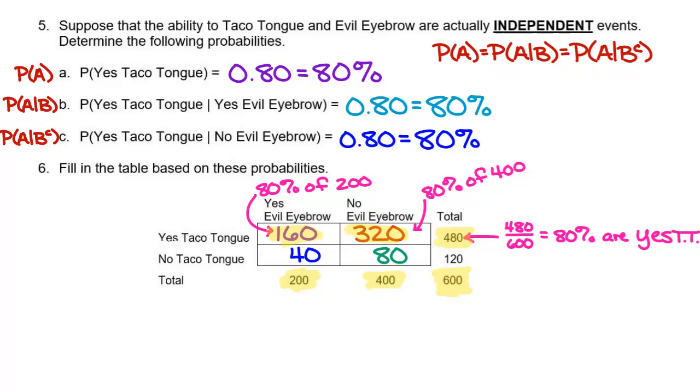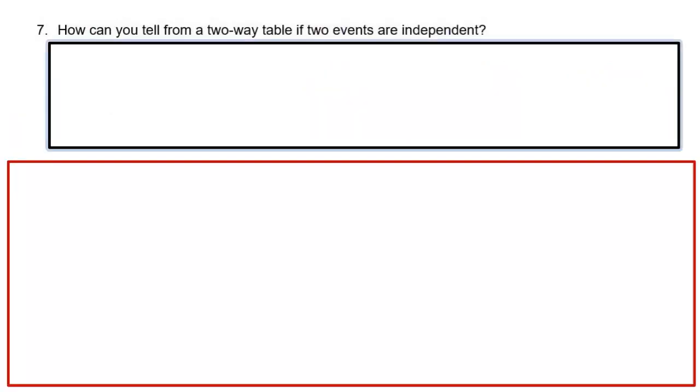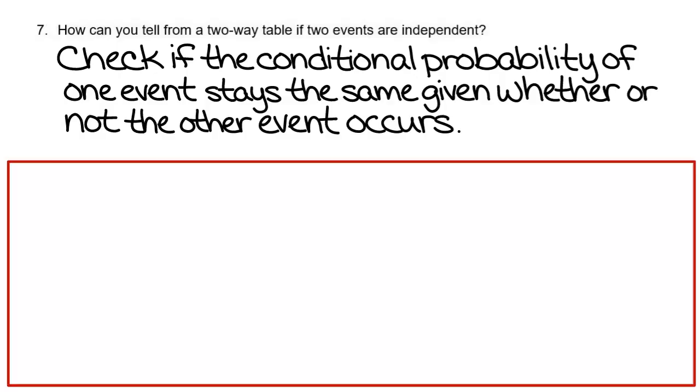If this is the same as this, is the same as this, then my events are independent. If they come out to be different, even slightly different, then they are not independent. So that's what we're going to write down for number 7. Check if the conditional probability of one event stays the same given whether or not the other event occurs.